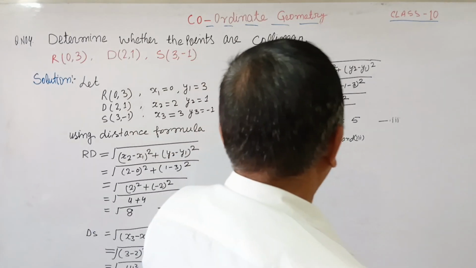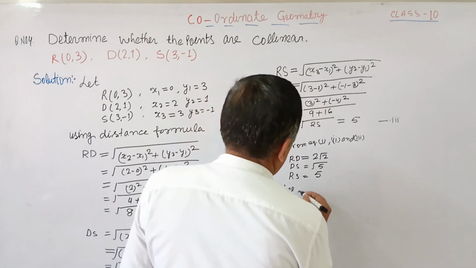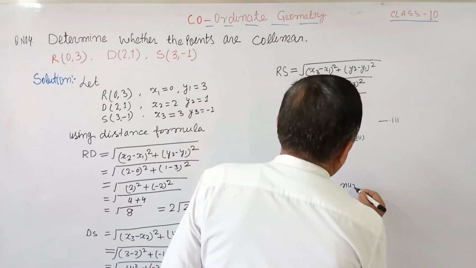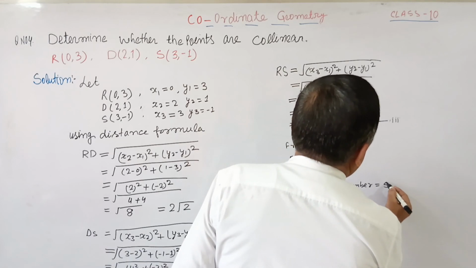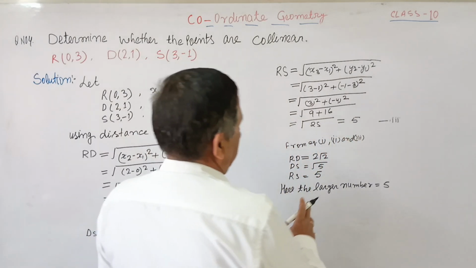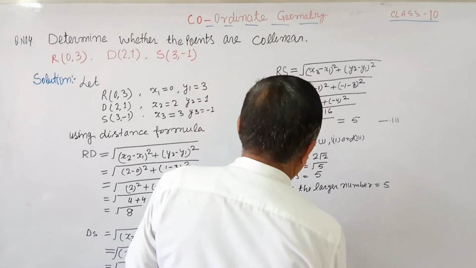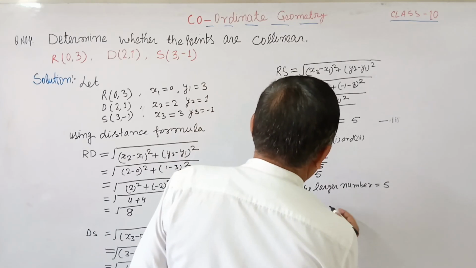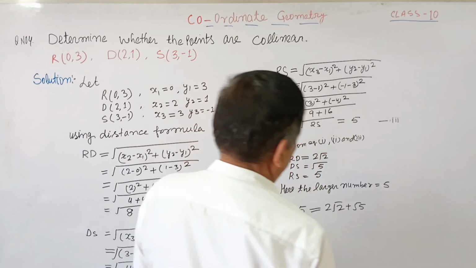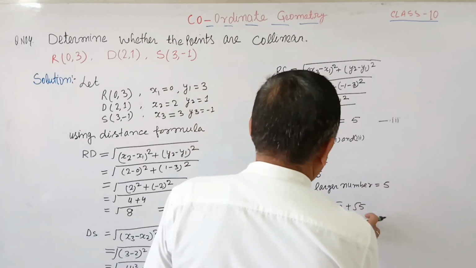Now here the larger number is 5. So to be collinear points, the other two sides should add up to this, meaning 5 should be equal to 2 root 2 plus root 5. So 5 is not equal to 2 root 2 plus root 5.